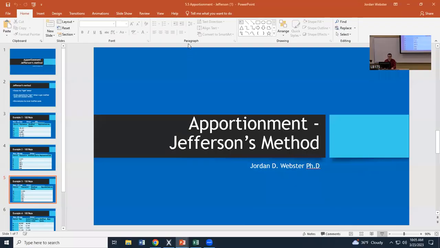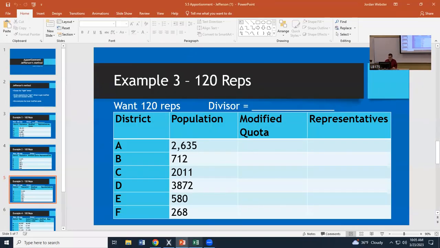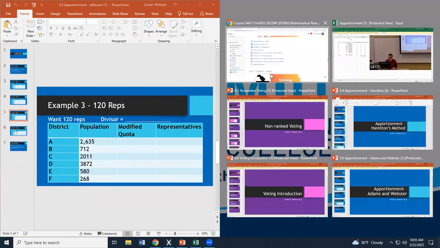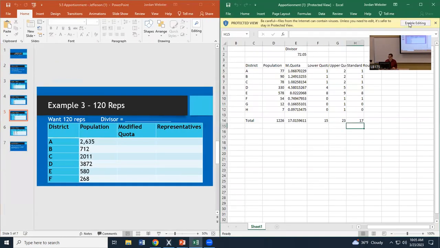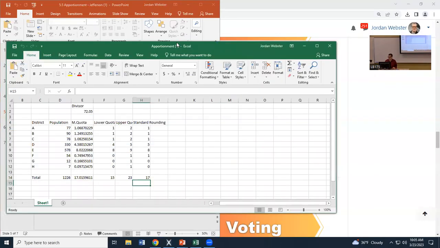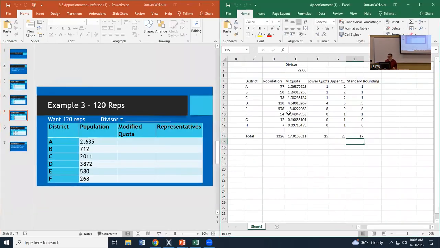What I'm going to do is go back to that apportionment Excel document that we used last time, and I'm just going to put the populations in it.